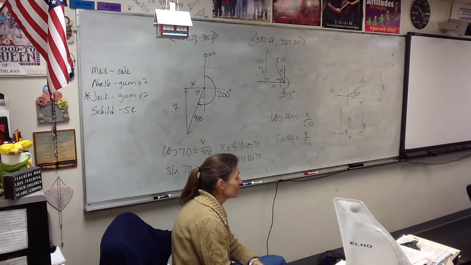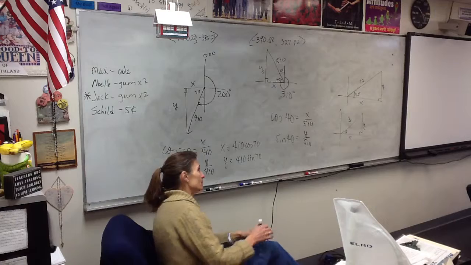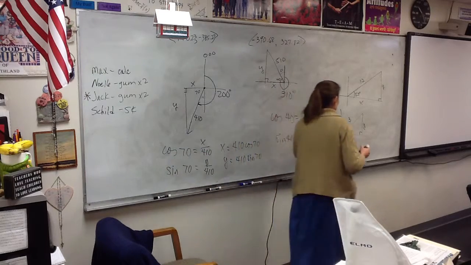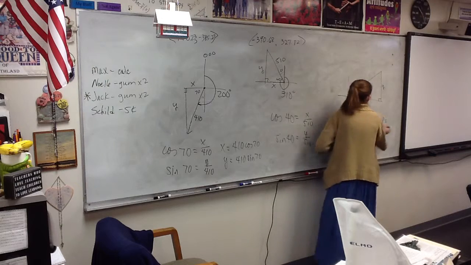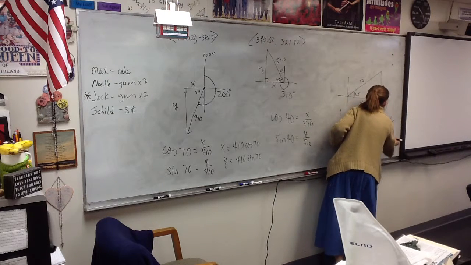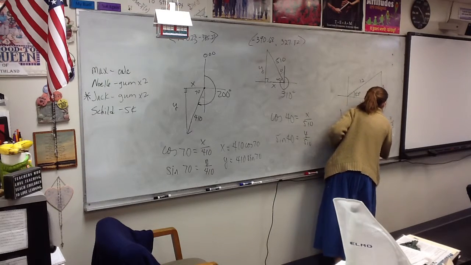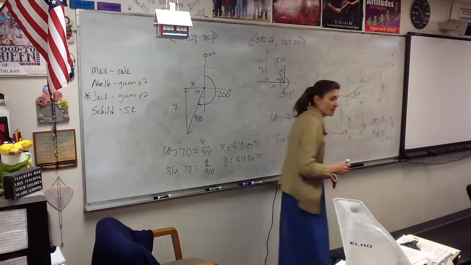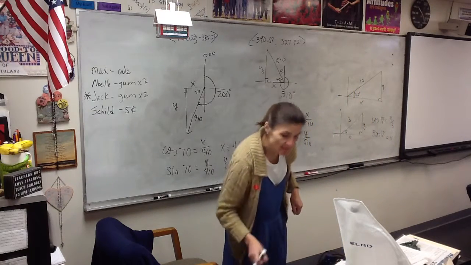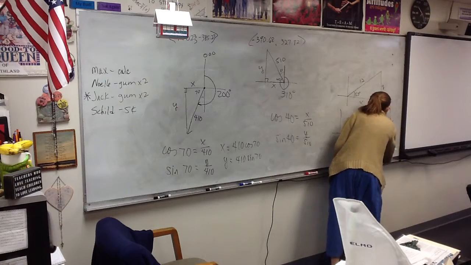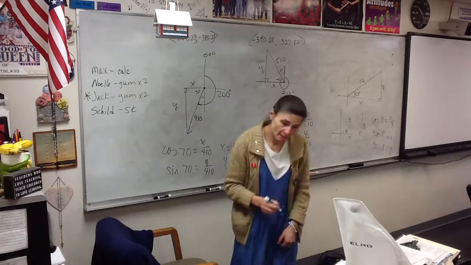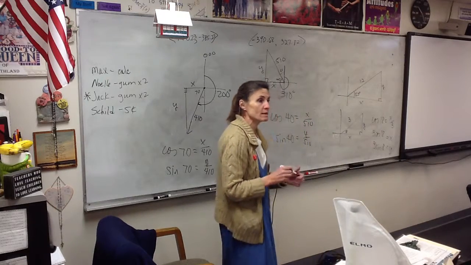No, it's not 7.22. Cosine 18 equals x over 3. So x is 3 cosine 18. That should be 2.85. Y will be 3 sine 18, which is 0.93.